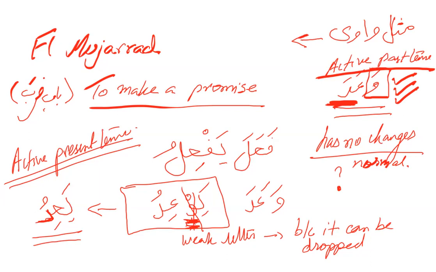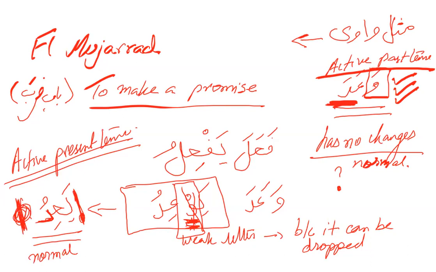Excellent. So you see, the only change that happened was the dropping of the wow from the mudare. In the rest of the mudare, all the changes are happening in the beginning and in the end, and because there is no wow, it remains normal.